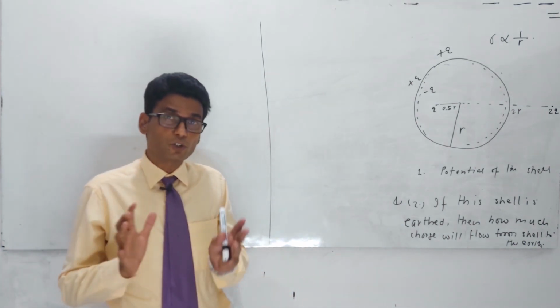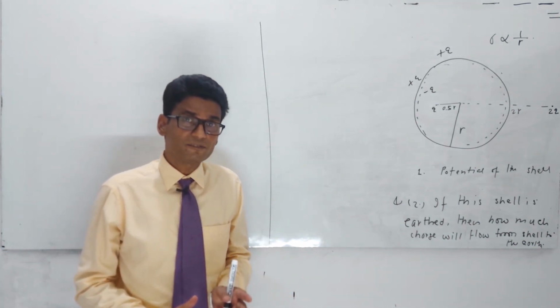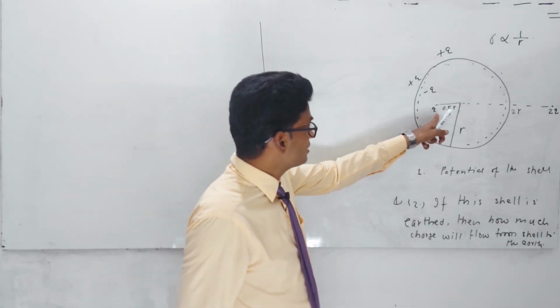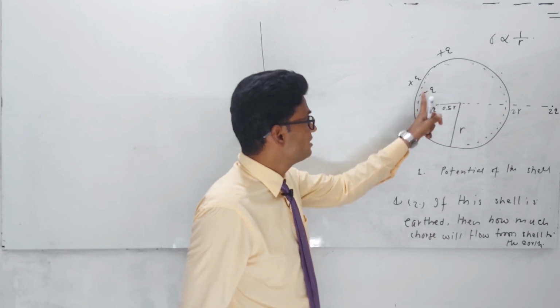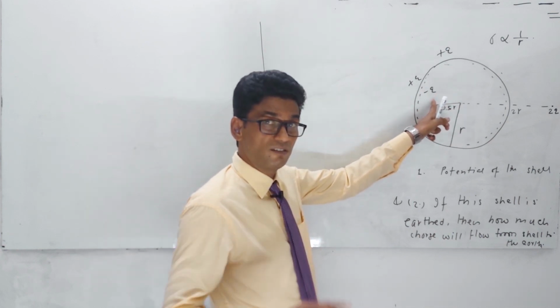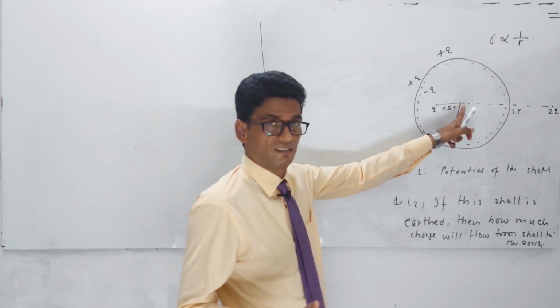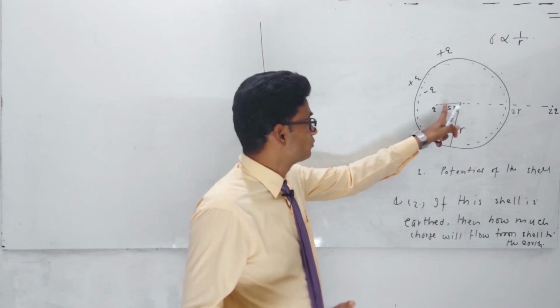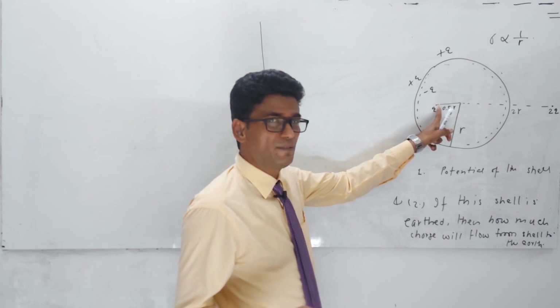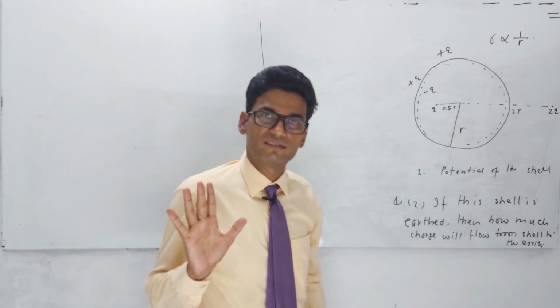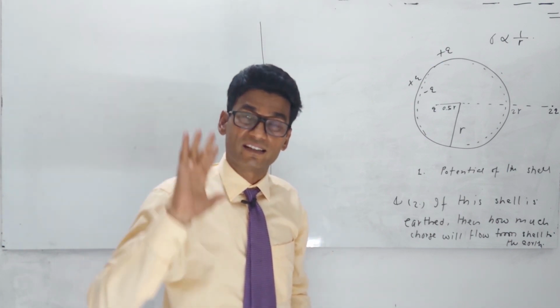So here we are going to use the shielding concept. This charge plus q induces the charge inside it, which is not distributed uniformly because the charge is not placed at the center. So the lines of force emerging from this plus q will terminate on the inner surface, will not go outside.